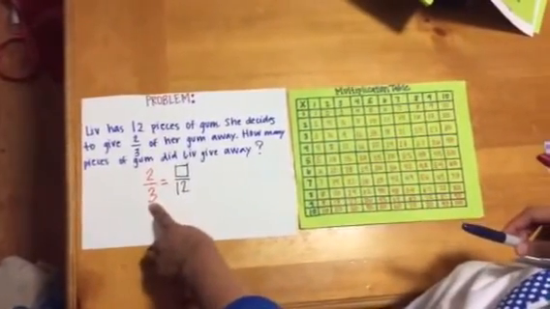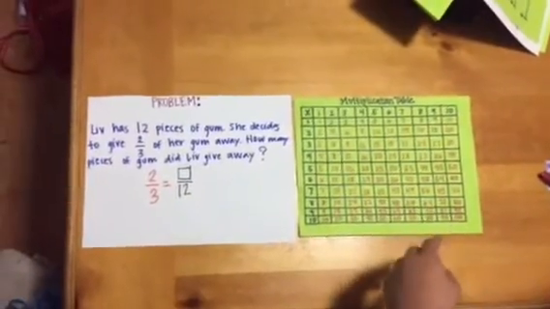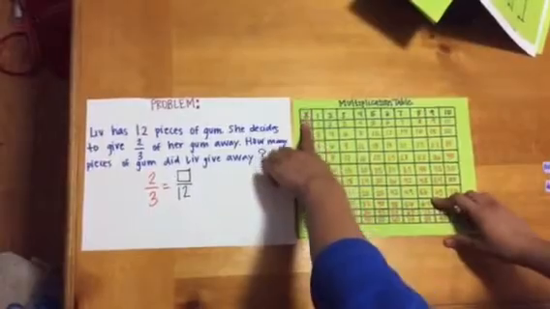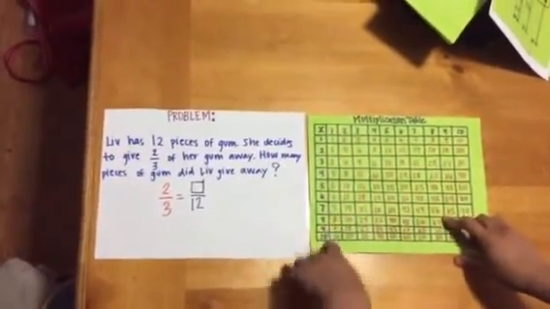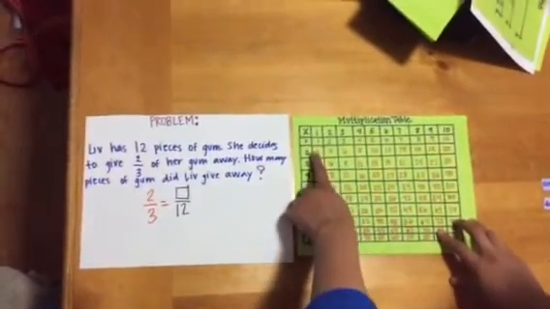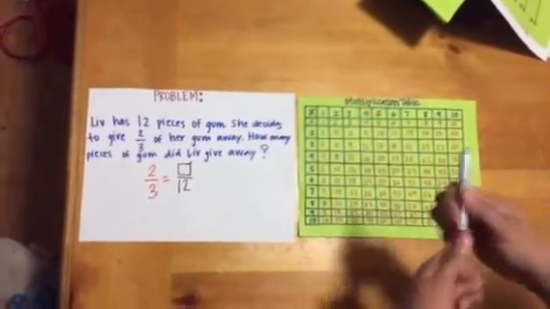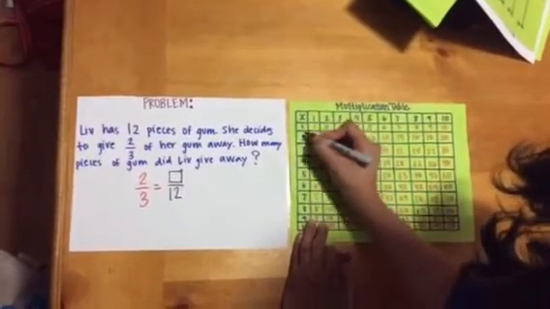So when we think about fractions, going from a smaller to a bigger, we're going to be multiplying it. So how many times do we multiply 3 to get to 12? 4. So we can go ahead and find 2/3 on the table by searching it on the top, going from top to bottom, that column. So we find 2/3 here. So our fraction, in a sense, is 2/3.